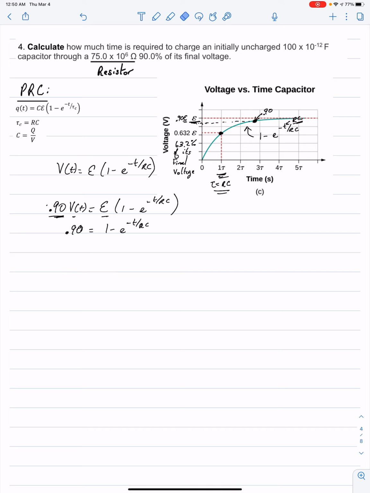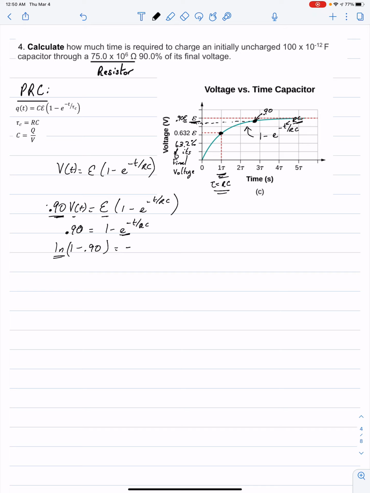So erasing this, now let's just solve for time. Just to go through the steps, we have 1 minus 0.90. You can do the math. Then the natural log, and the reason is because we want to get rid of that e.